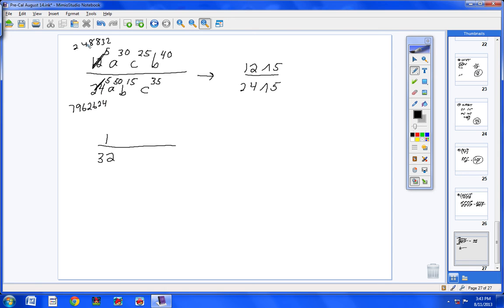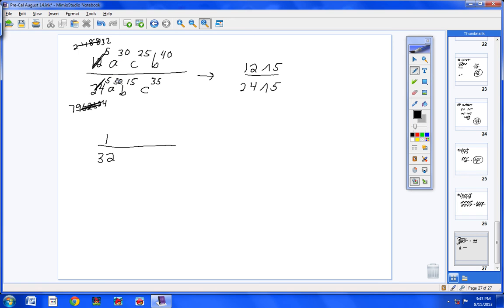And if you reduce those two numbers, your calculator will reduce that for you. You will get 1 over 32. Now, I know that's a lot of work, but that's why I use calculators in Algebra 2, and that'll save you a lot of time, okay? All right, so when you reduce those two numbers, you do get 1 over 32.